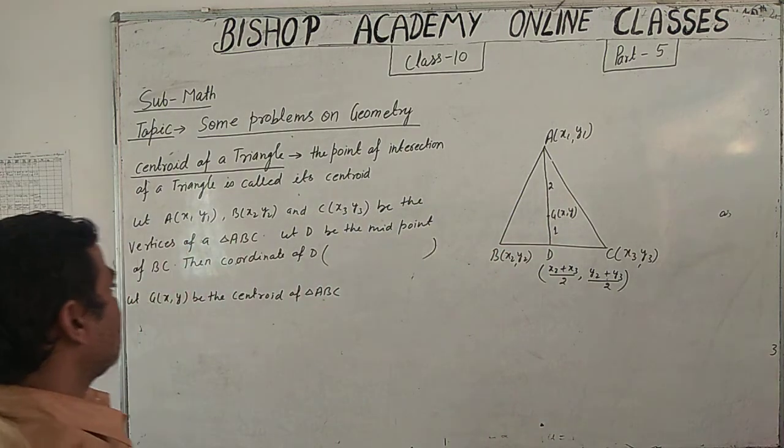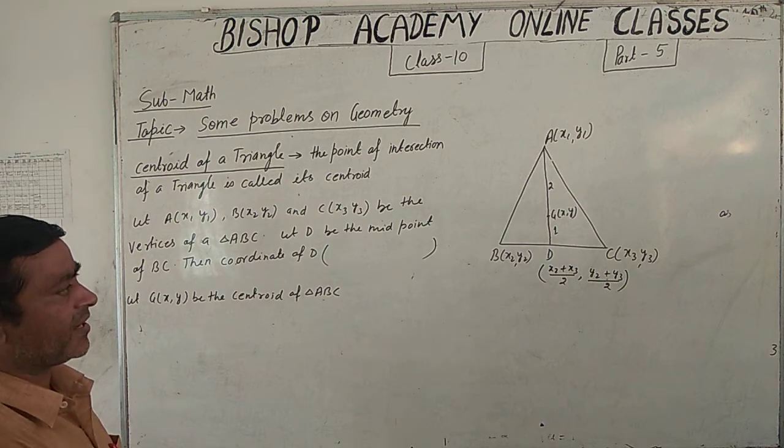Let G (x, y) be the centroid of triangle ABC.